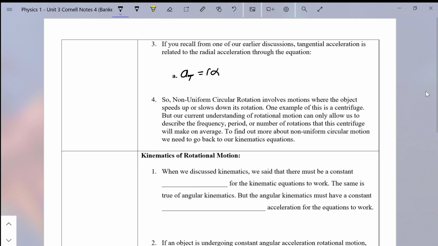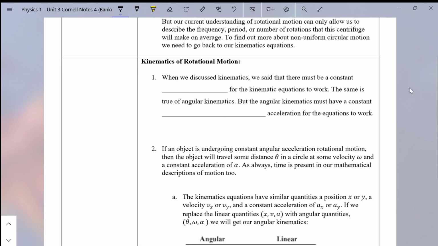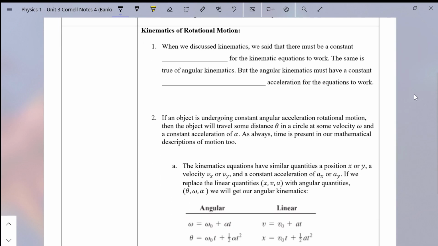So we have a constant acceleration, and we have a theta final, theta initial, omega final, omega initial, constant acceleration, and maybe some time. And this might kind of ring a bell for you because kinematic equations had those same quantities, but they were linear velocity final, linear velocity initial, linear acceleration that is constant, and a linear position x initial and x final.